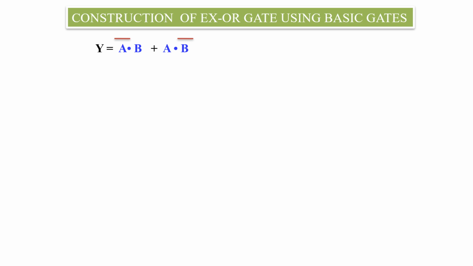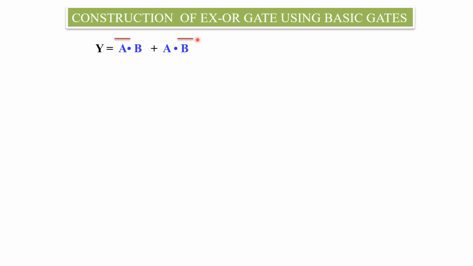Now let us see how to construct the XOR gate. So what is the Boolean equation of XOR gate? Y is equals to A bar dot B or A B bar. So let us see how to construct this. First we require A bar, A complement. Which gate gives us the complement? The NOT gate. B, again we want the complement.